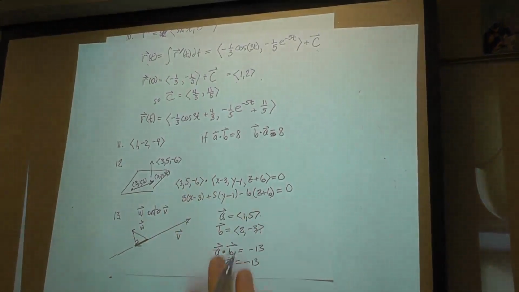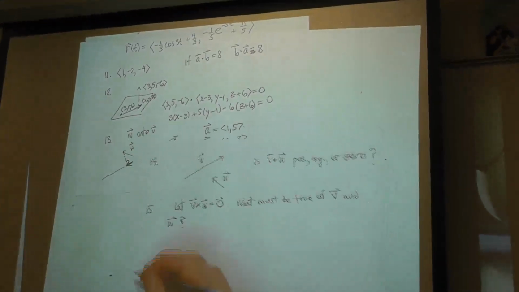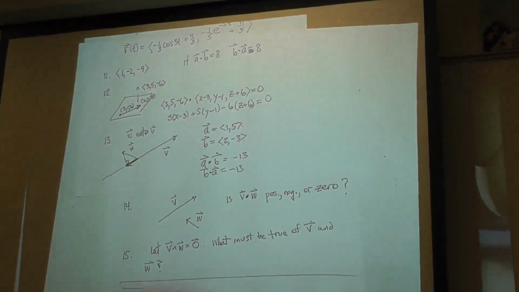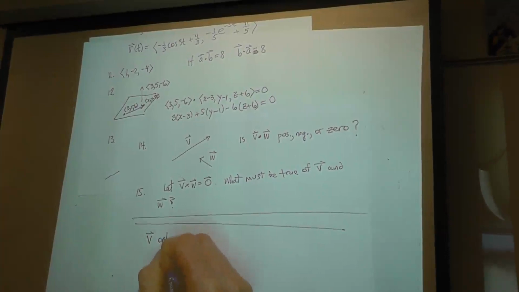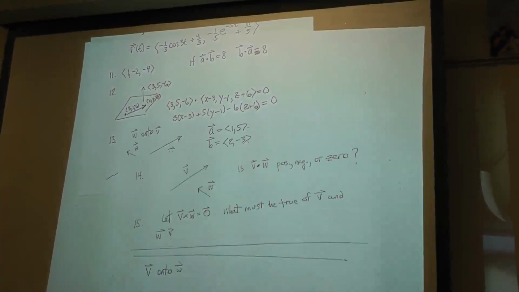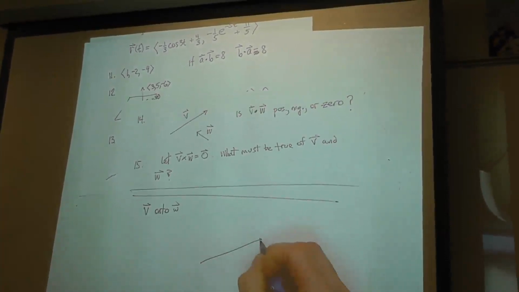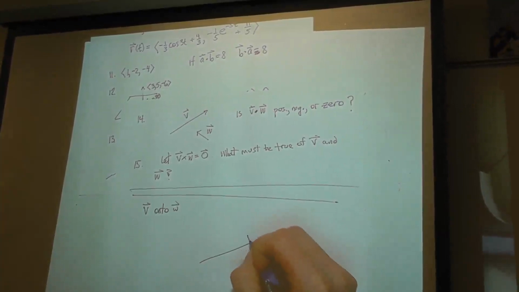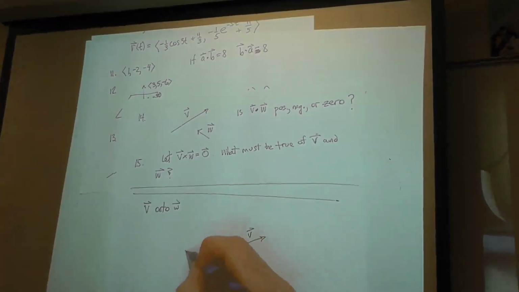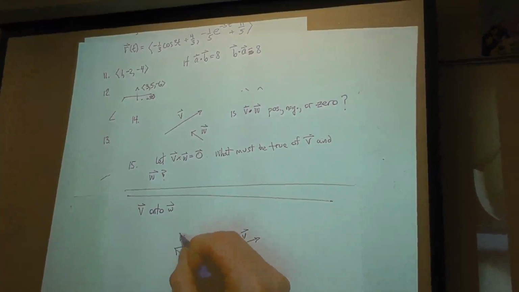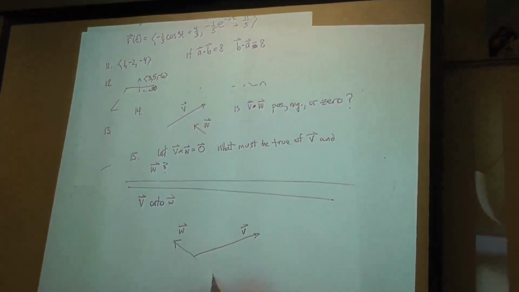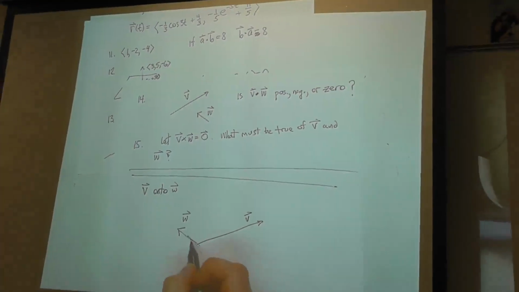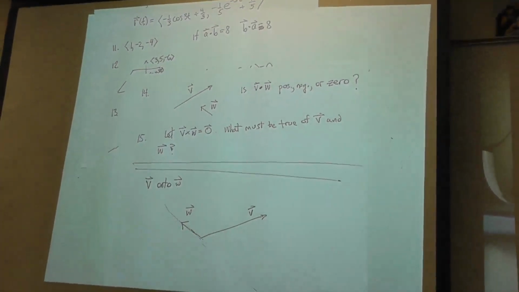If I do V onto W, okay, so I've got V like this, W like this. Because I'm going onto W, I'm going to look at this line.